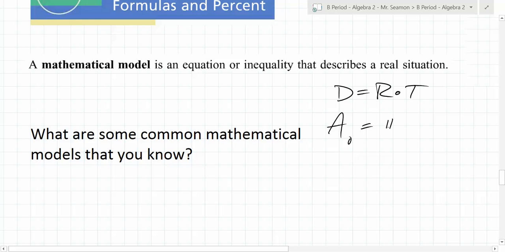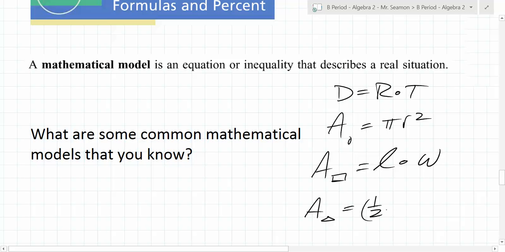Anybody remember? Pi r squared. What about the area of a rectangle? Length times width, right? What about the area of a triangle? 1/2 base times height. Sure. These are all mathematical models. They are equations that describe a real situation.